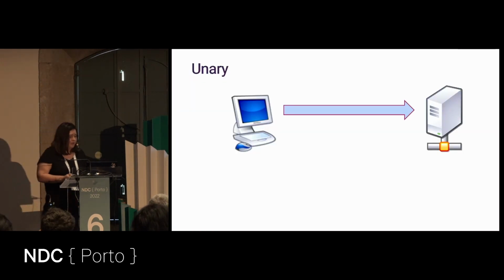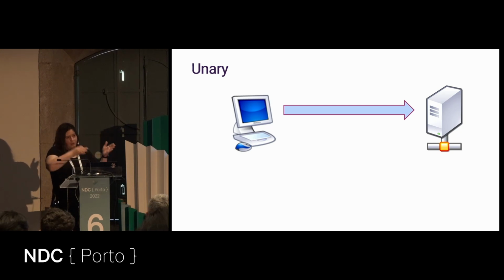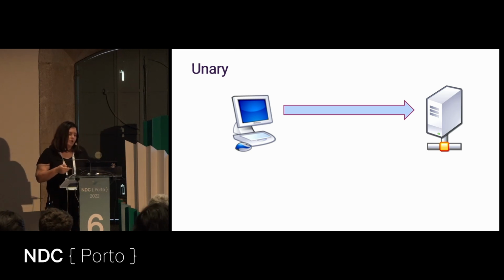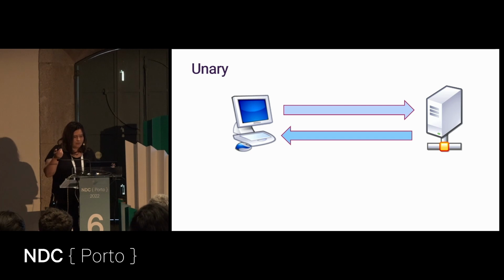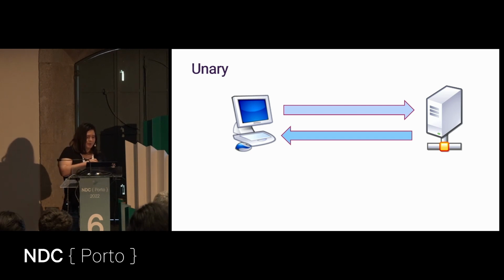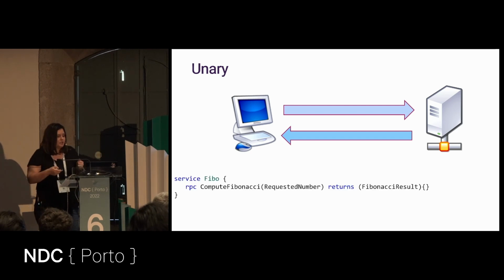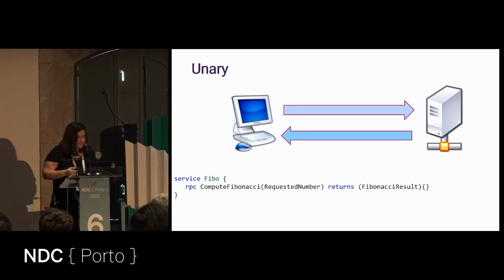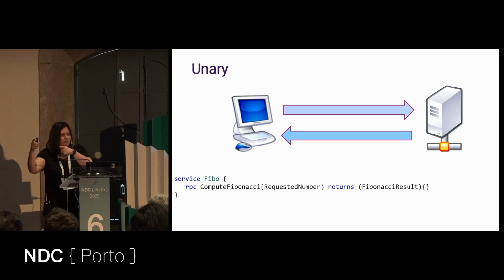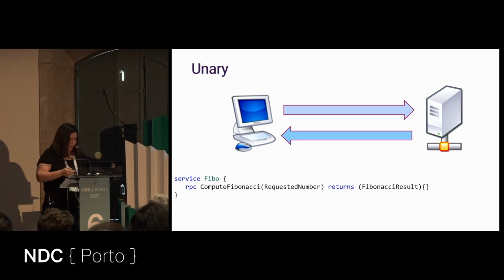gRPC unary. If we were to map this in a similar, traditional way of request response in HTTP, it will look like this. The client issues a request, the server receives the request and sends a response back. How it looks in terms of defining this in a service is I have an RPC method named ComputeFibonacci, which receives a requested number type and returns a Fibonacci return type. So this is how unary looks in the code.